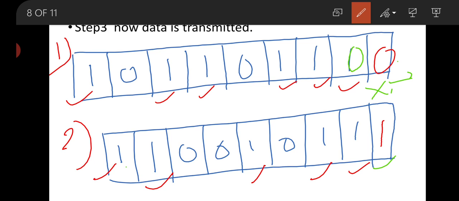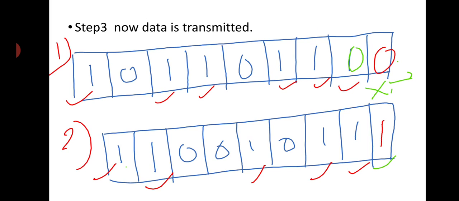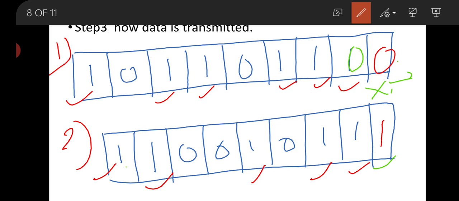So this is the mechanism of the receiver end. In this case, data is rejected. Here data is accepted.